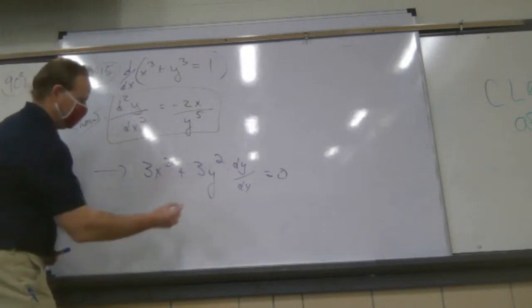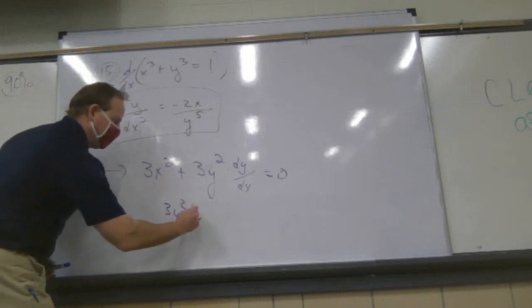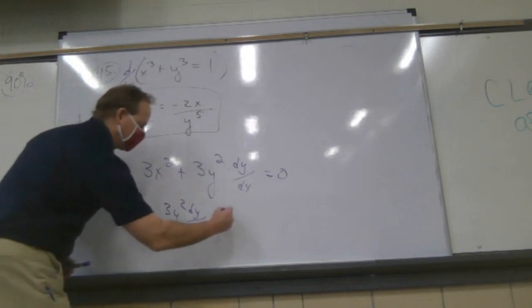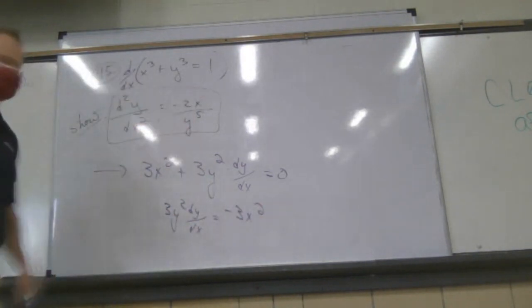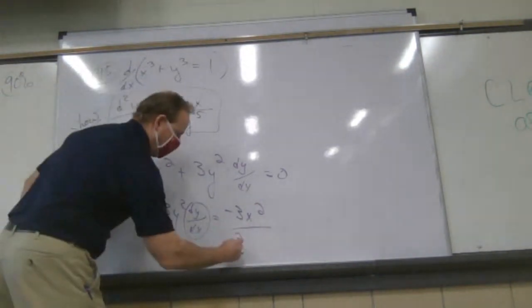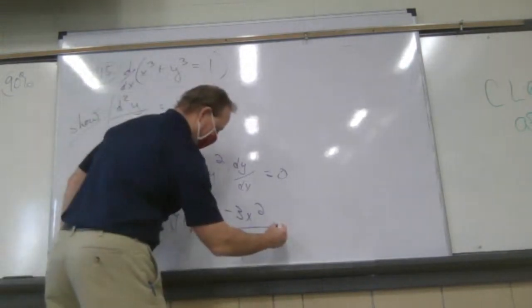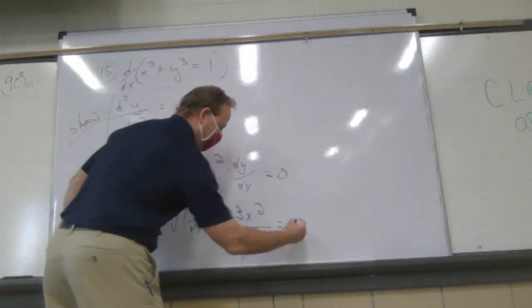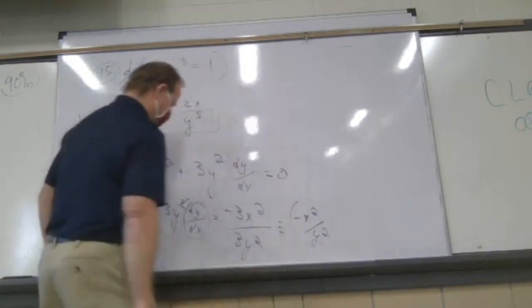Now what? Well, get it on the other side. So we got 3y squared dy dx equals 3 minus 3x squared, right? So get everything that's not a dy dx to the other side. And then we're going to divide both sides by 3y squared, right? And what do we get? We get that dy dx is equivalent to minus x squared over y squared, right?